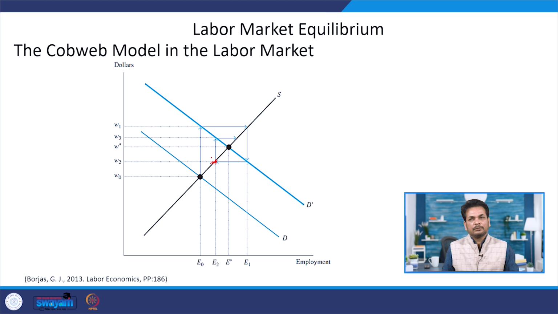So, some of them may not enter this education stream, and in the second time phase we find that only E2 workers were employed at this W2 wage rate, which again may lead to the short run supply function being perfectly inelastic at E2. At this point, again we can see that there is some undersupply of these engineers, which may lead to the wage rate being W3.